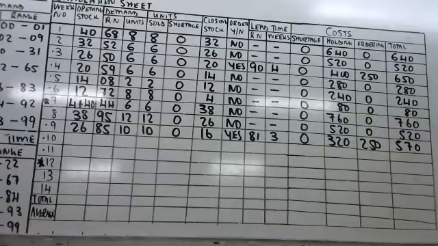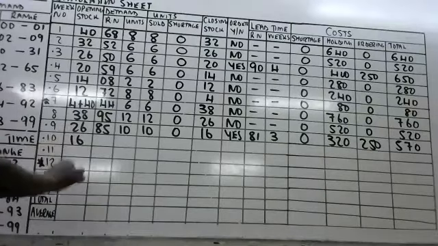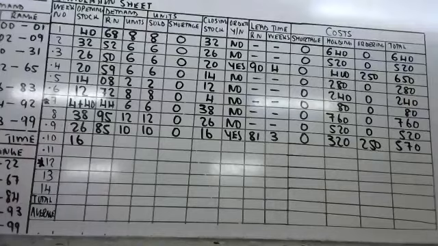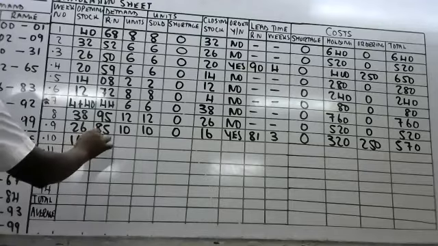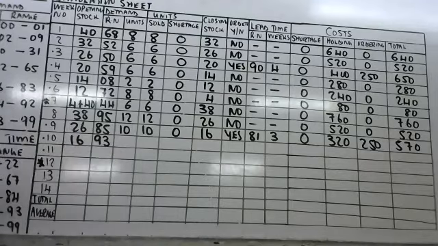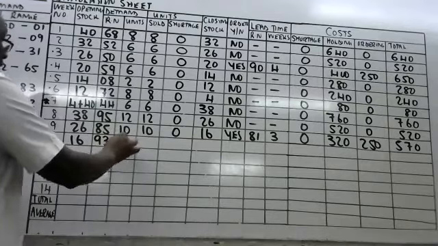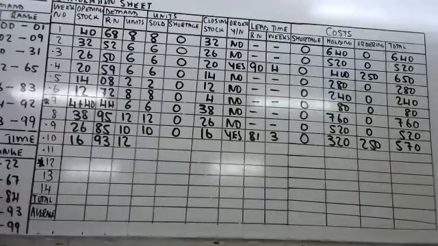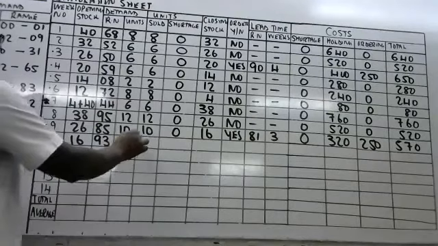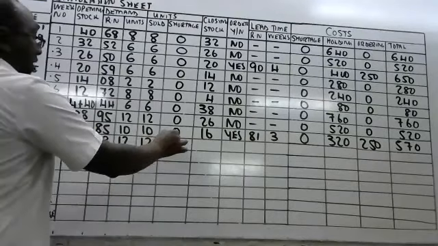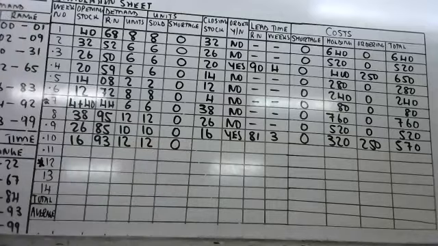570. Okay, week 10, we open with how many? 16. Random number: 93. So 93 will give us how many units? 12. Okay, so 12. We sell how many? 12. Shortage is 0.